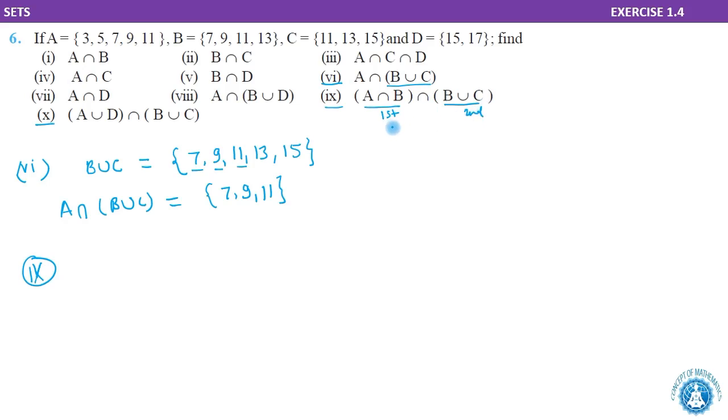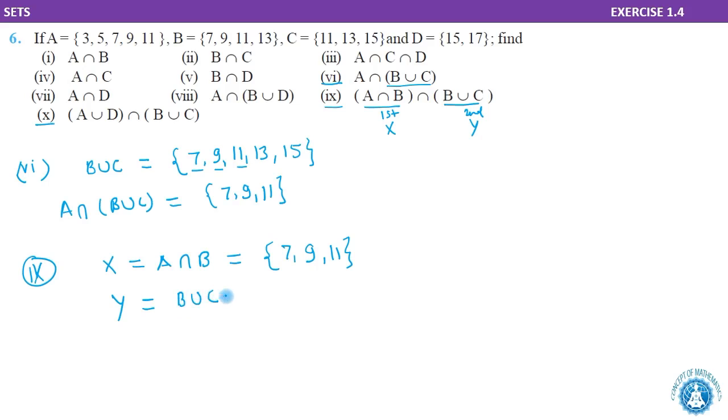Let's suppose this will be X, this will be Y. Then we will find the intersection of X and Y. Suppose X is equal to the intersection of A and B, so we find the intersection of A and B. 3 is not there in B, 5 is not there, 7 is common, 9 is also there, and 11 is also there.